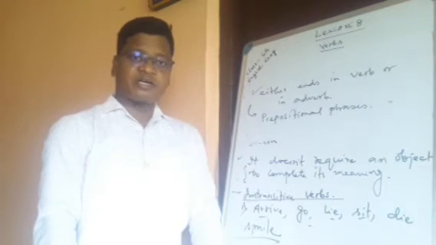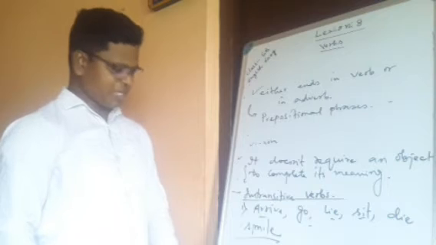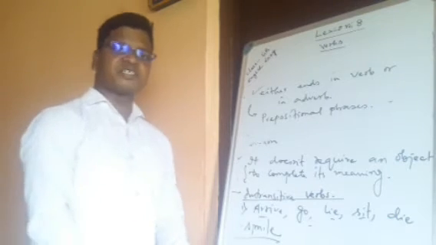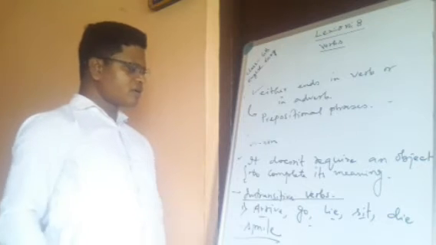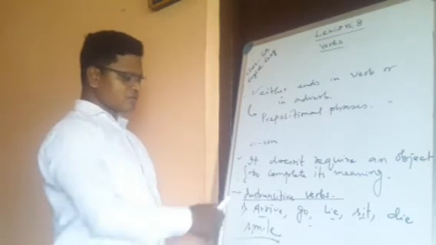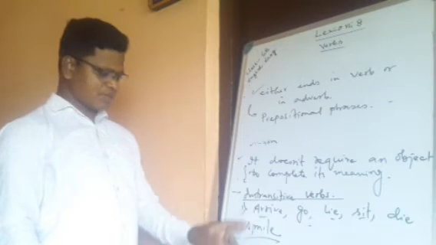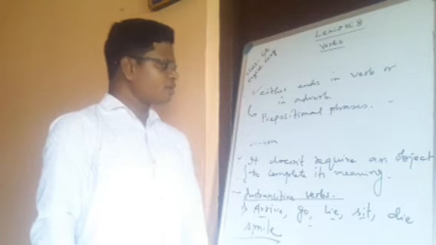So which I have written in the beginning, in the intransitive verbs, it does not require an object, a direct object, to complete its meaning. Secondly, it does not require an object to complete its meaning. Third, intransitive verbs examples, just like arrive, go, lie, sit, die and smile.